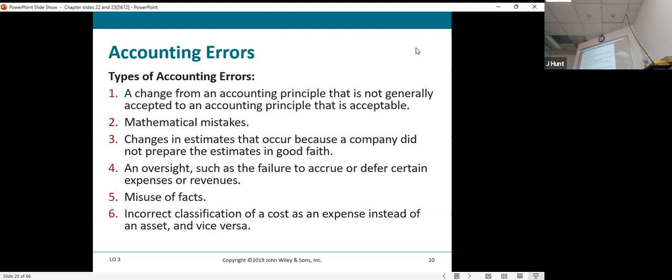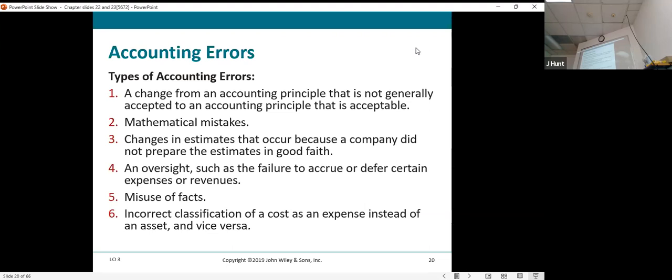We call this the subsequent events testing to make sure that if you were supposed to accrue some payables and some things at the end of December, we could tell, because if you paid a bill January 5th, that should have been in your books in December, because that didn't just come up, right? So sometimes that's where you get an error, and if they fail to accrue it, then we make them accrue it. You have to go back and restate it, because it's material.